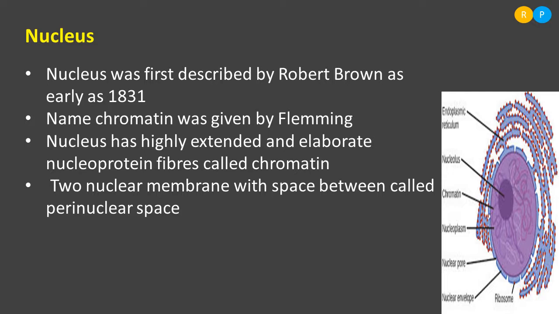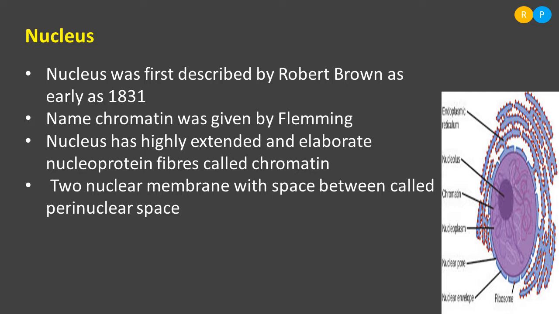So why are these pores present in the nuclear membrane? What is the function of this pore? Always in the cell, the movement of molecules takes place from the nucleus towards the cytoplasm or from the cytoplasm towards the nucleus.